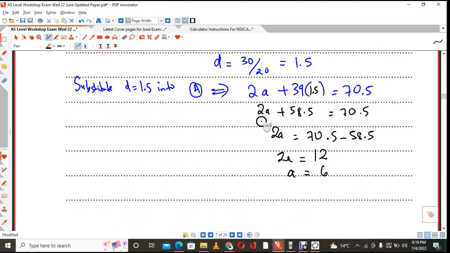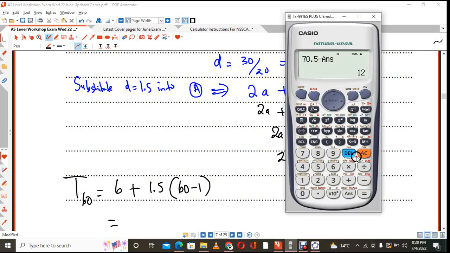Right, so we now know what our A value is. So what is the 60th term? It is A, which is 6, plus the value of d, which is 1.5, times 60 minus 1. Some people write the 1.5 on this side, it doesn't matter. From here onwards, you just enter it in the calculator.